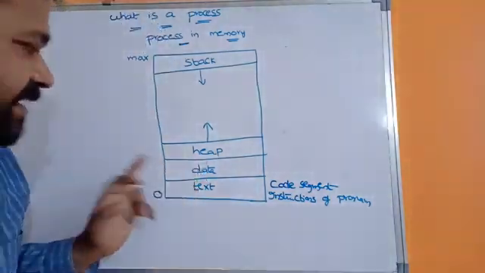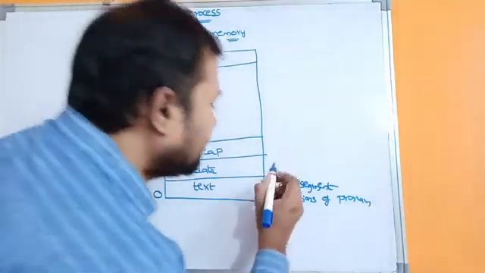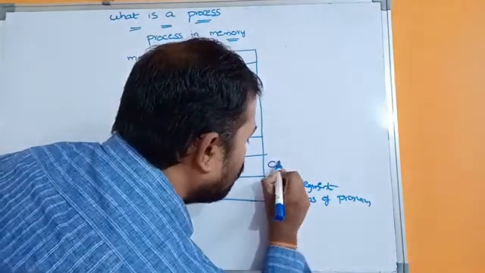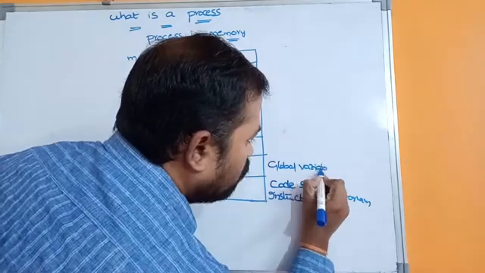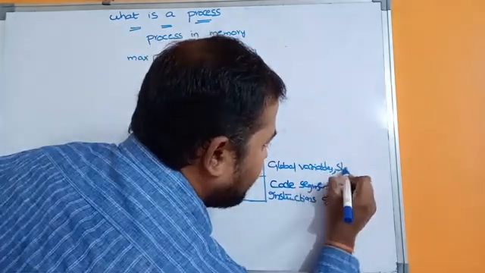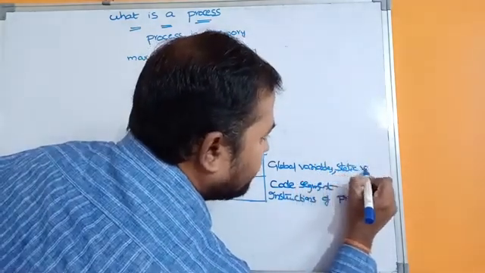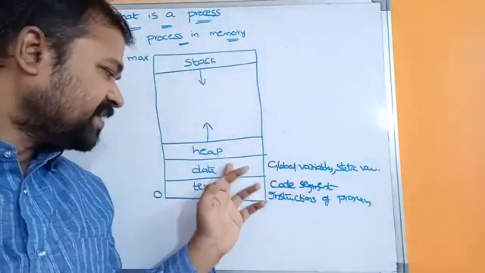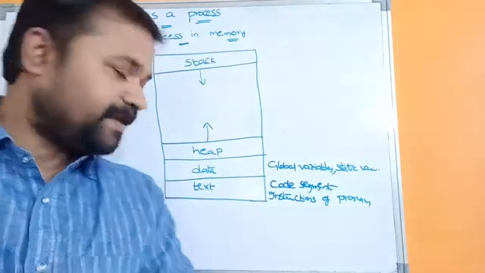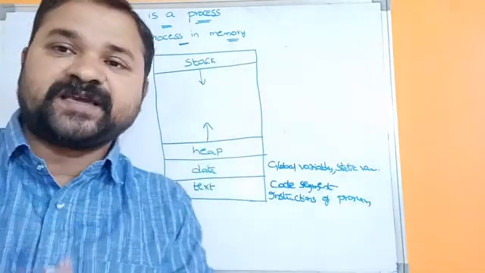So the data segment is mainly useful in order to store global variables as well as static variables. If there are any global or static variables in our program, those variables will be stored in the data segment.